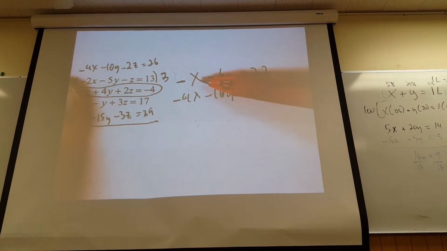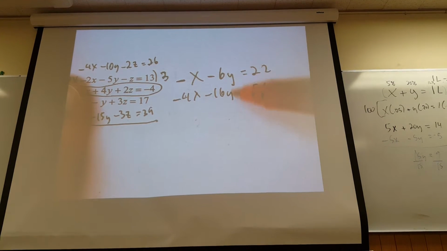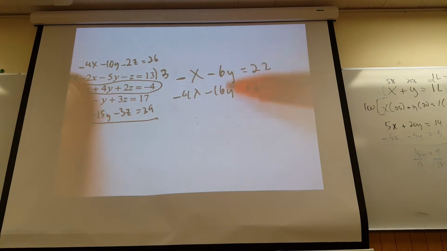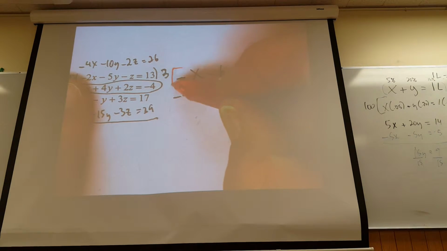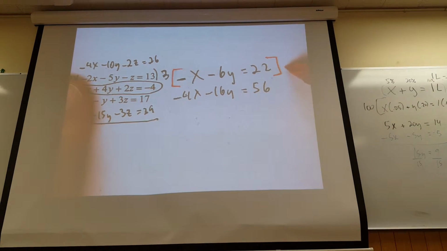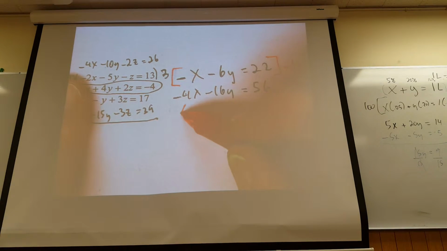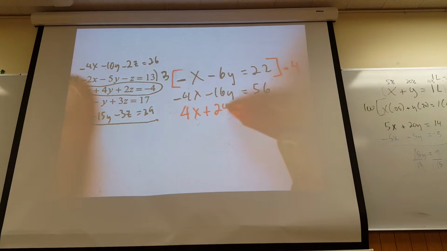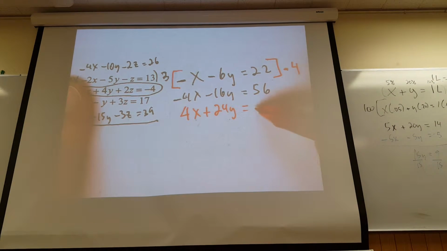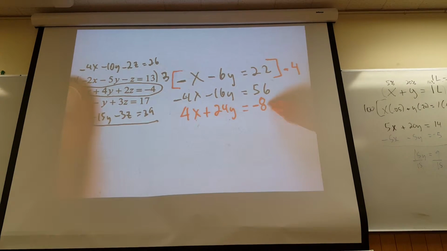Now I need to eliminate the x's or the y's. 6 and 16 is not very good, but 1 and 4 is it? So what would you times this top one by? Negative 4. That's positive 4x plus 24y equals negative 88.